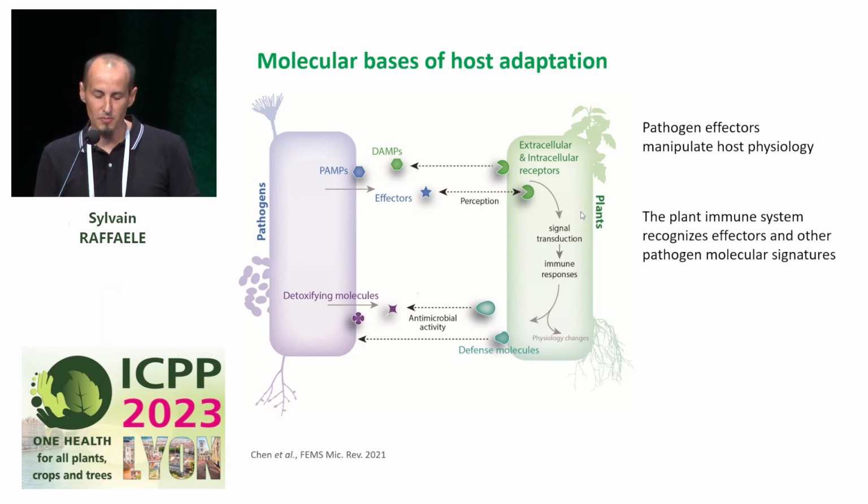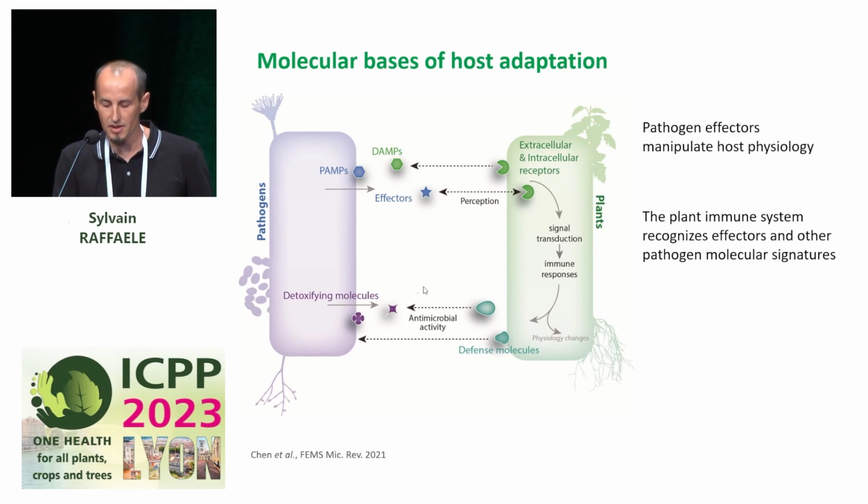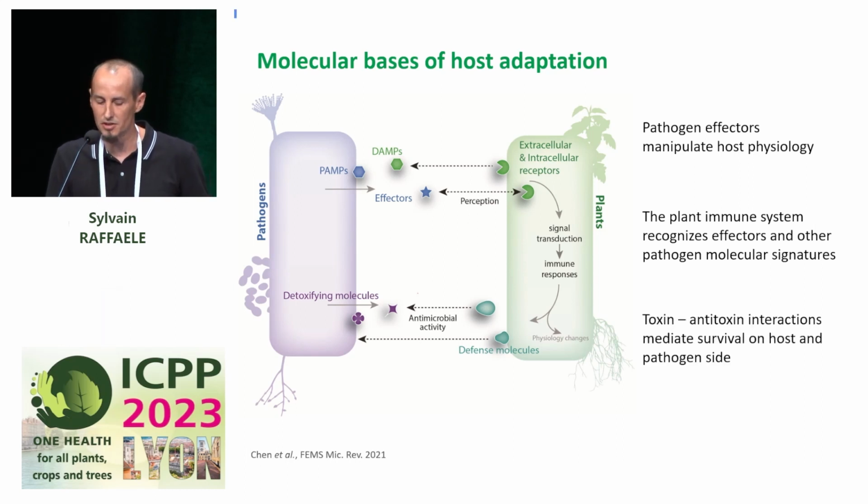In turn, the plant has an immune system that recognizes effectors as well as other molecules produced by the pathogens. Among the responses, you have the well-known cell death hypersensitive response, but also the production of antimicrobial molecules that in turn can be counteracted by detoxifying molecules from the pathogen, so in some kind of a toxin-antitoxin interaction.